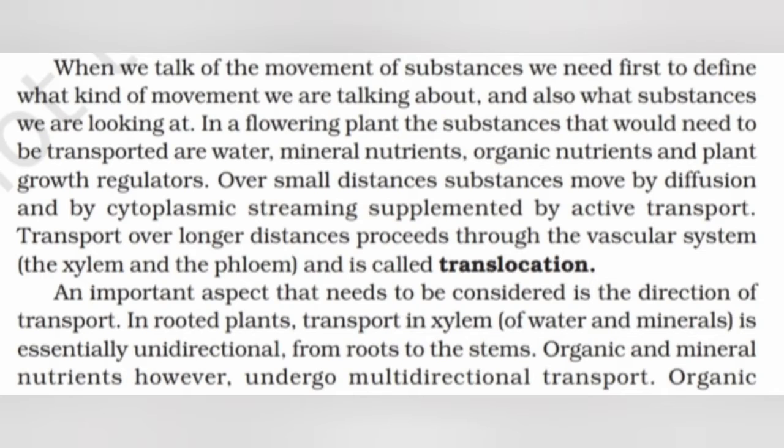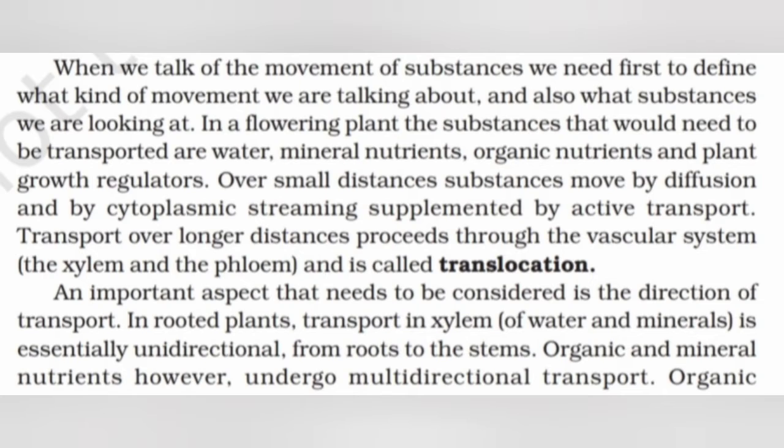When we talk of the movement of substances, we need first to define what kind of movement we are talking about and also what substances we are looking at. In a flowering plant, the substances that would need to be transported are, this you have to mark: water, mineral nutrients, organic nutrients, and plant growth regulators.